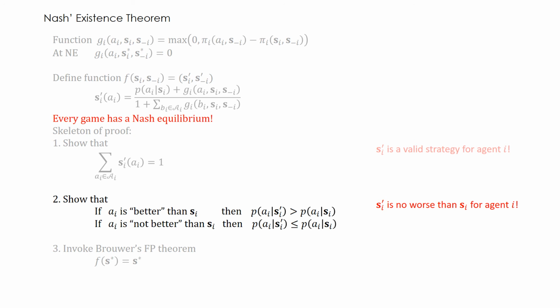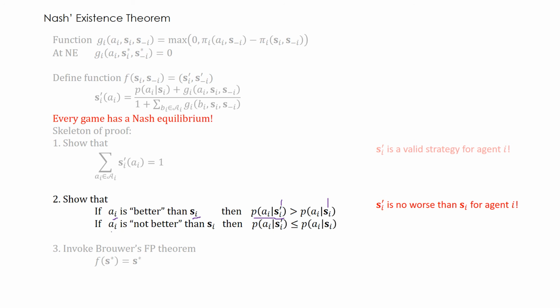In the next step, we show that if any action AI of agent I is better than the agent's mixed strategy, Si, then the probability of AI is more in S prime I than it is in Si.